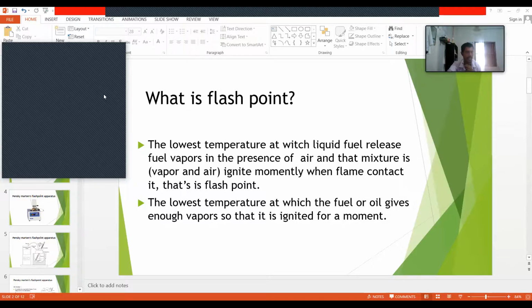That is why fires occur in petroleum factories. If we know the flash point, then we can keep petroleum products below that flash point temperature, so that it is safe.